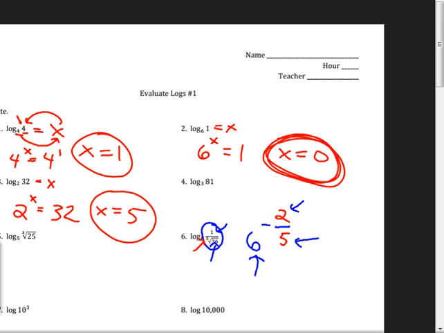Do you get how that's 6 to the negative 2/5 power? Now that I've rewritten it as this part right here is now 6 to the negative 2/5 power, since the base of the log and the base of the argument are the same, then the answer is just the negative 2/5.